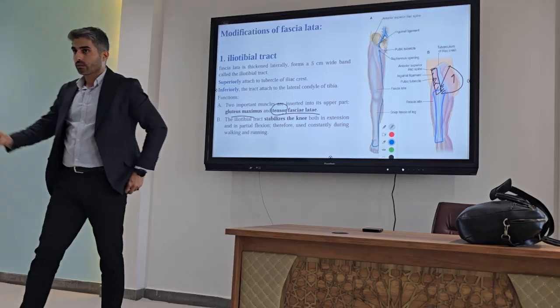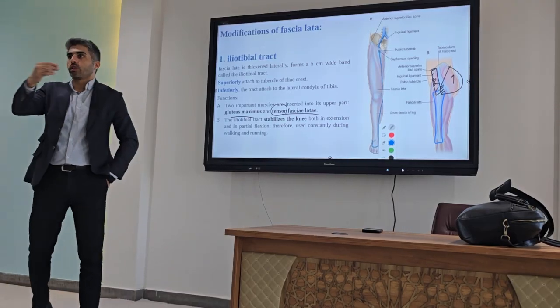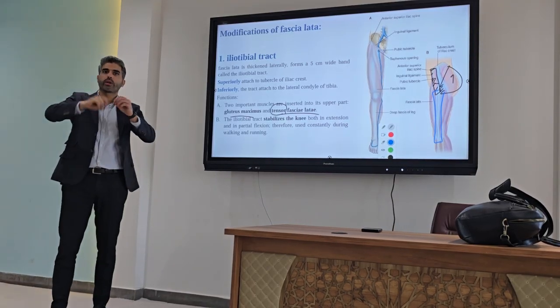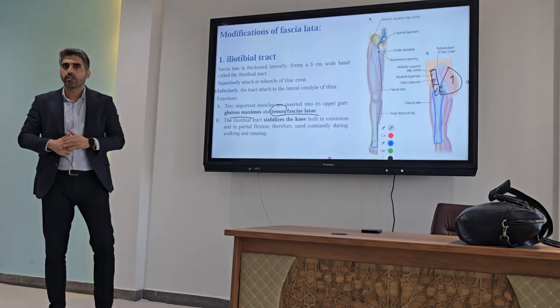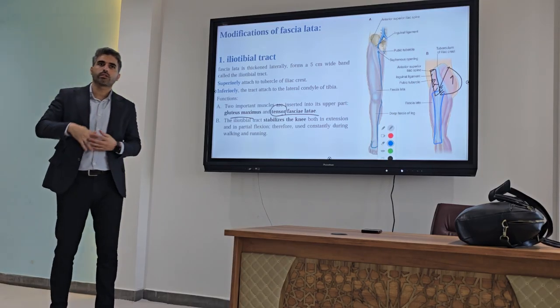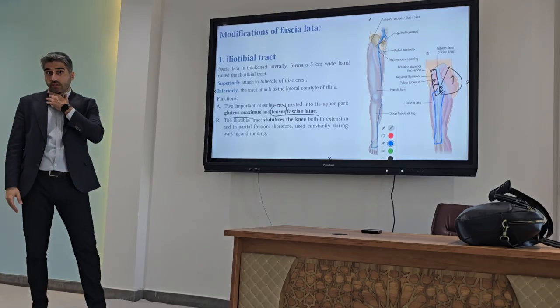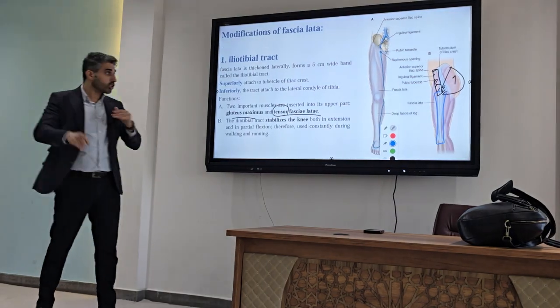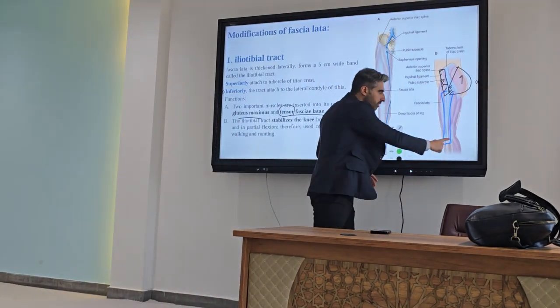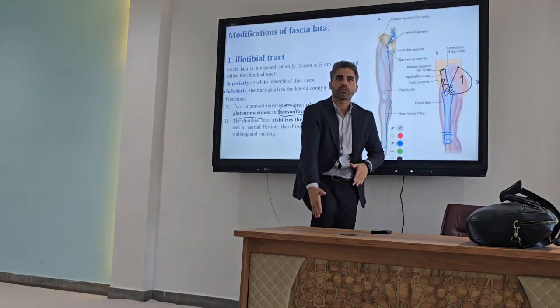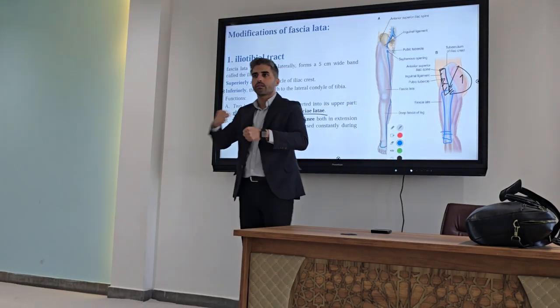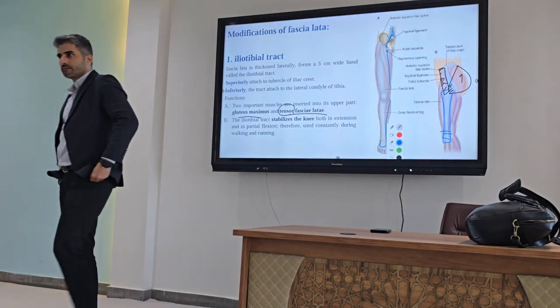So they should go to surgery to correct that. It's a very bad injury. Maybe they need 6 months, 9 months of rest and recovery. So it's very dangerous. The function of this tract is to protect the knee from the lateral side against any bad displacement.